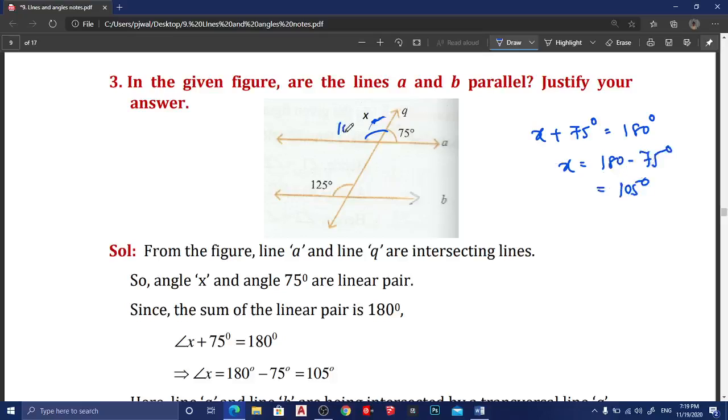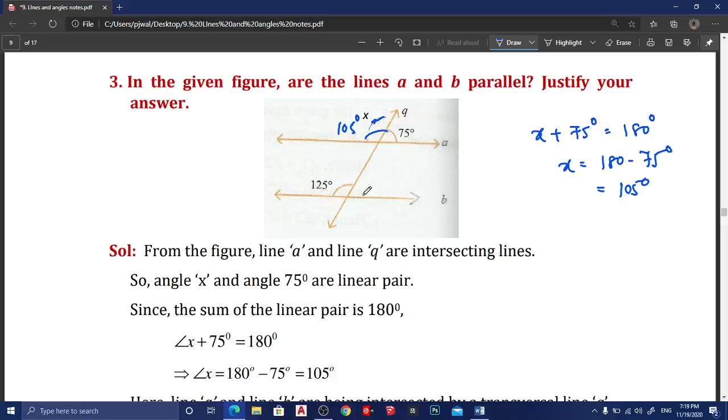Now you have the value of x. By observing these two, you can find that these two angles, even though they are corresponding angles, are not equal to each other.